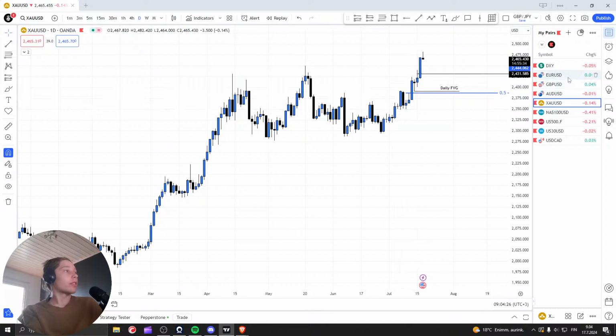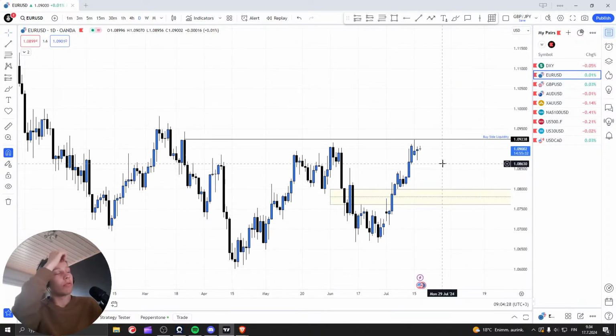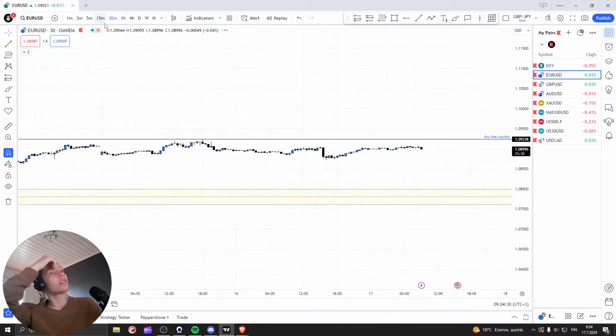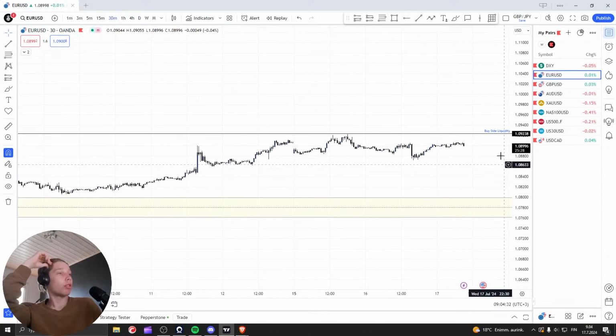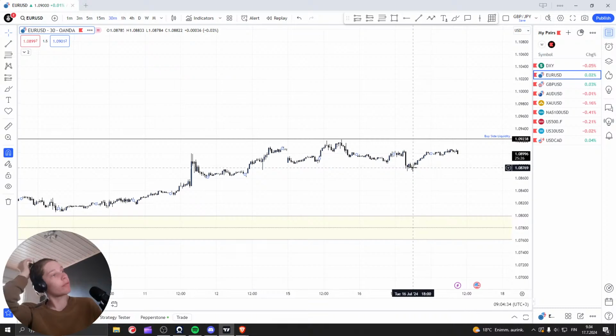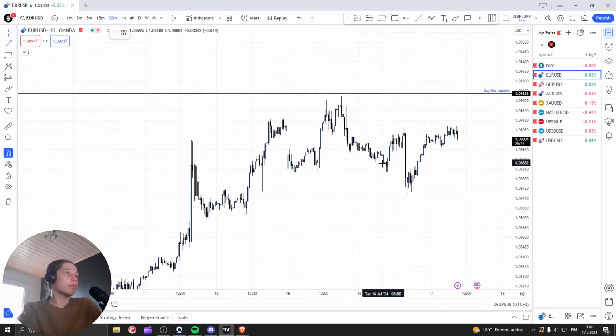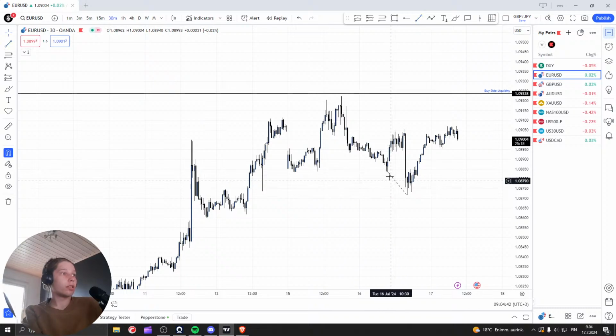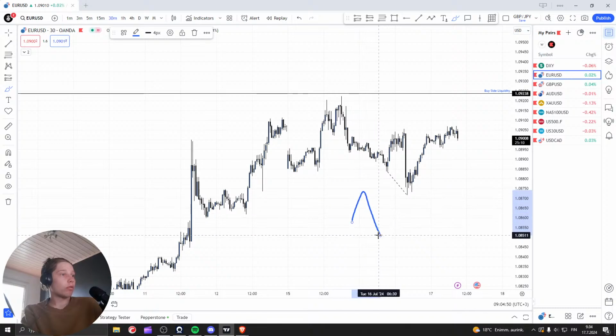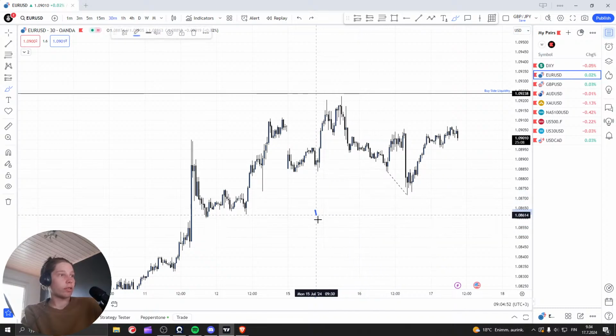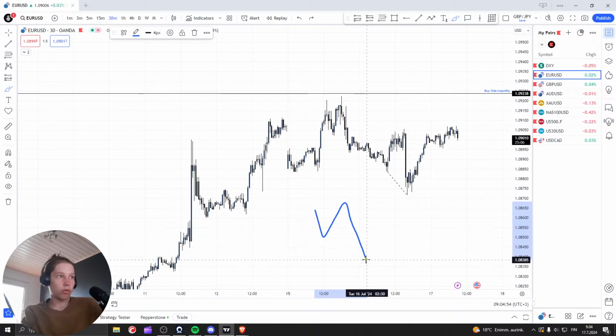And if you're thinking market maker models with GU, EU, and the smart money reversal, where would you want to see the SMT? For example, you would hope that you see SMT with DXY in these lows, which means that EU made a lower low, the EU created a structure like this, low, lower low.